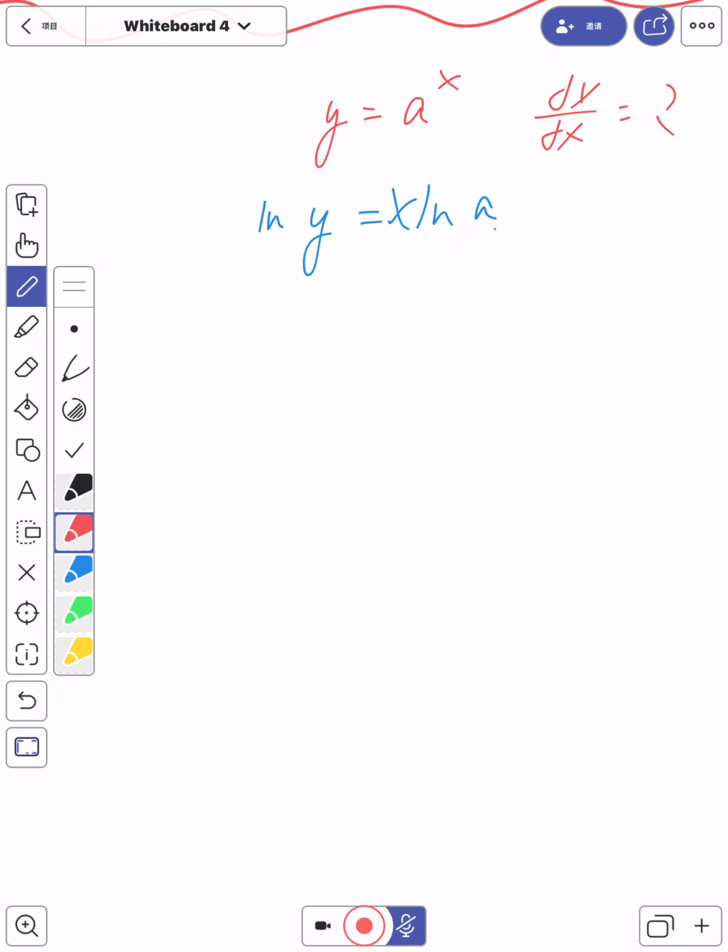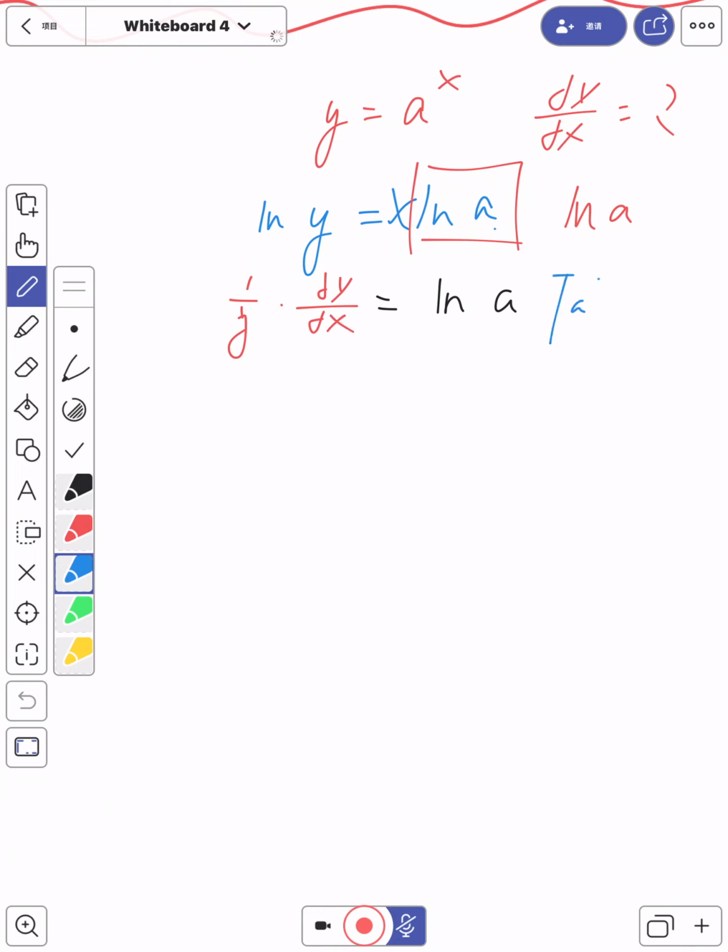Remember, now ln of a is the natural log of a, therefore this is a constant, so we can take this out. Basically the left side is going to be really simple, which is just ln a, and that is equal to 1 over y times dy over dx after you take d over dx.